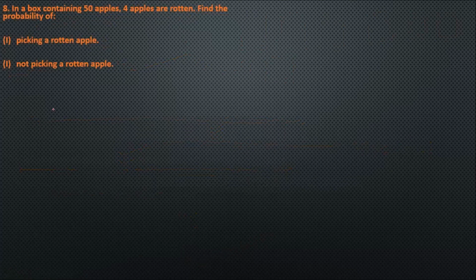Next, question number 8. In a box containing 50 apples, how many apples, students? 50 apples. This is the total number of apples, and this is going to be the total number of possible outcomes. 4 apples are rotten. This means out of 50, 4 apples are rotten.